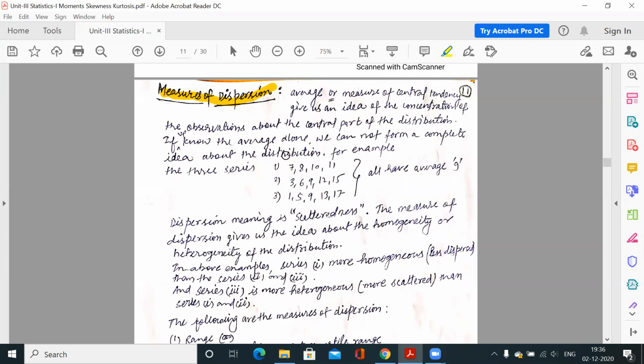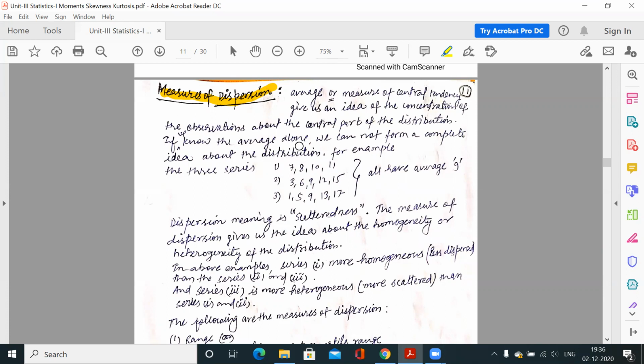Now I don't know how to compare my students, because I cannot differentiate between the two students on the basis of the average, because both averages are equal.